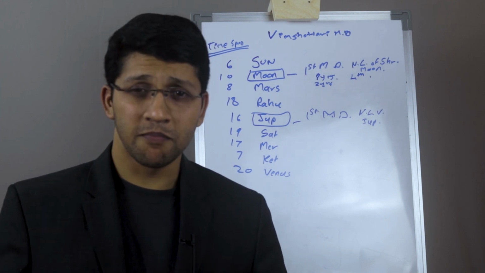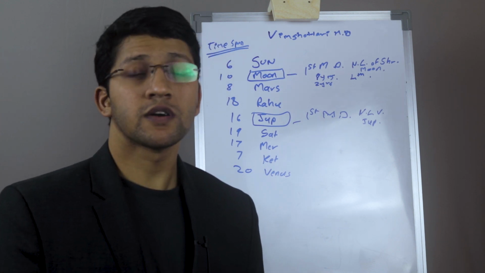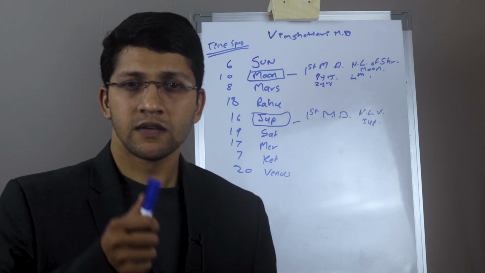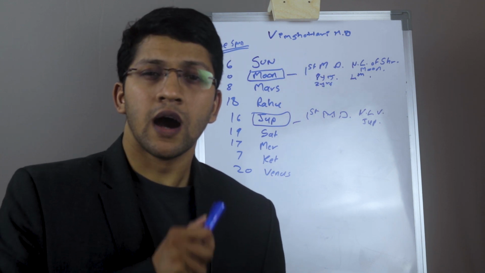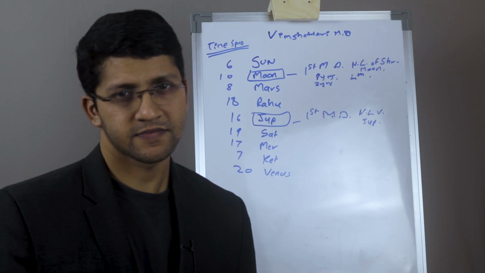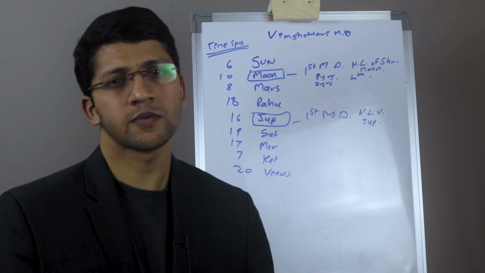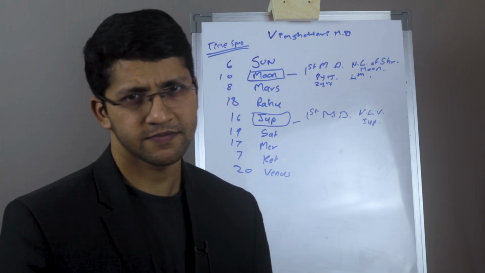All these things are very complex, and you have to master them, you have to practice them on hundreds and thousands of charts. Then only you can master it. And once you master it, once you start practicing, you start getting phenomenal results from the vimshottari Mahadasha.